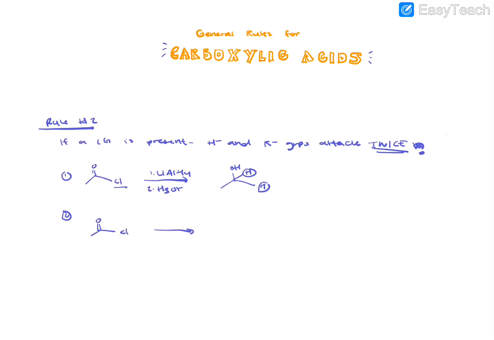if we want to do this with a Grignard, and then adding on H3O+, that we'd get an OH with 2 methyl groups.